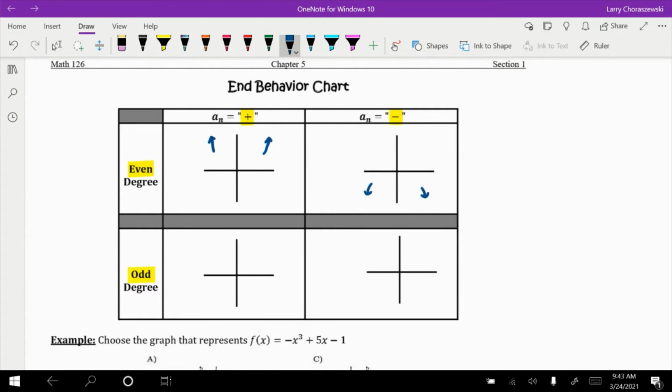With an odd degree, if the leading coefficient is positive, you're going to have one end pointing up in quadrant 1 and the other end pointing down in quadrant 3. And if the leading coefficient is negative, you'll have one end pointing up in quadrant 2, the other end pointing down in quadrant 4.